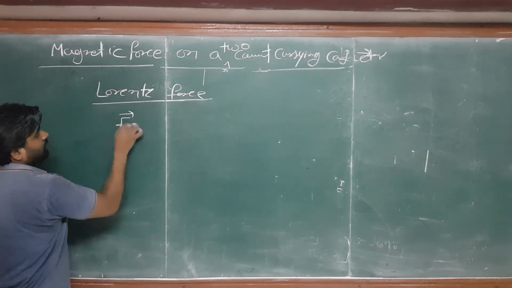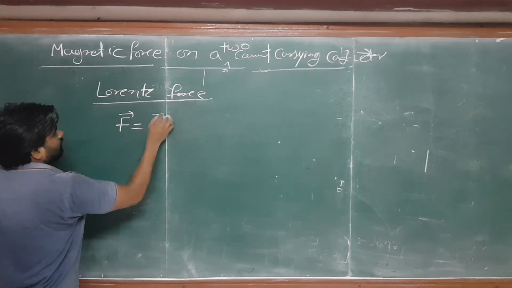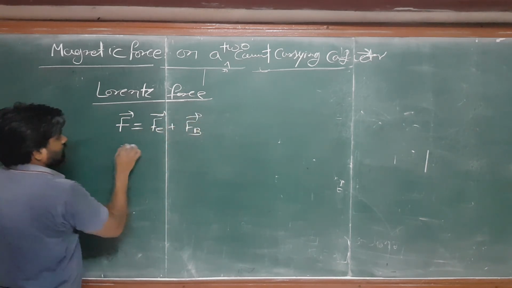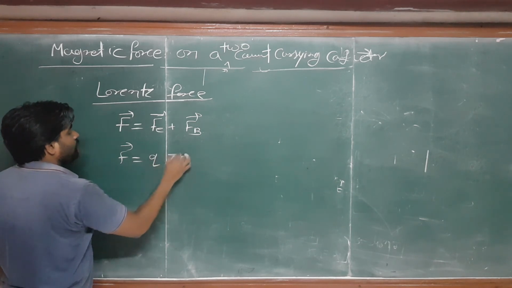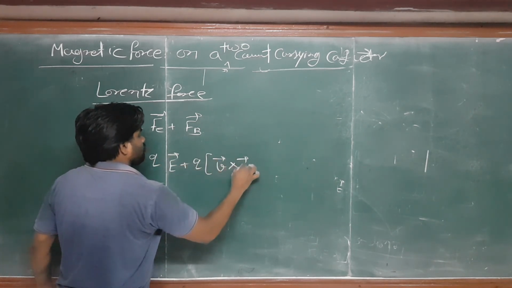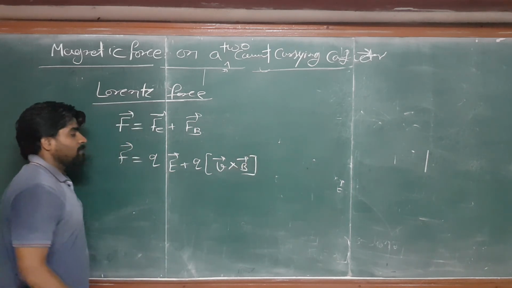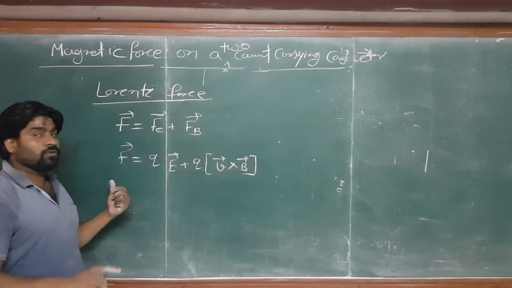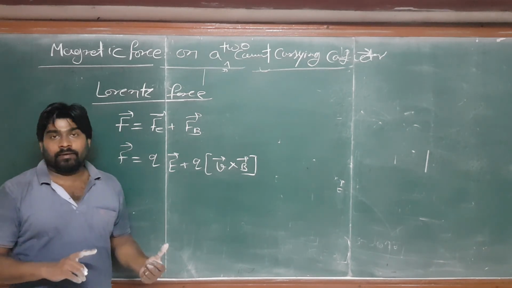So the resultant force is the electric force plus the magnetic force. So the vector F is equal to q vector E plus q vector v cross vector B, okay. If E and B are both perpendicular, you can find the resultant force in this way, okay.